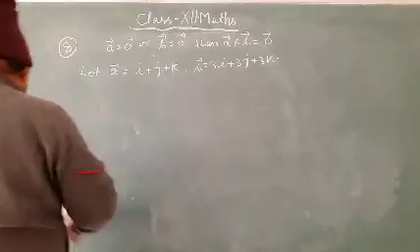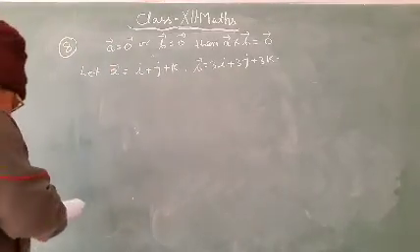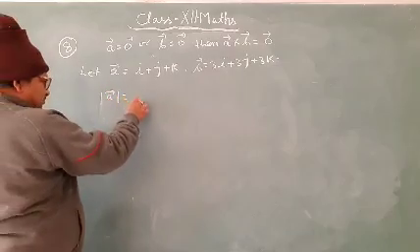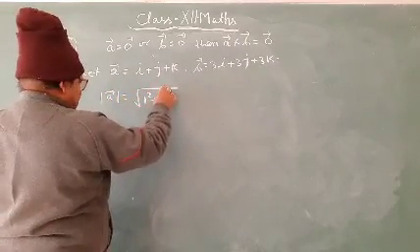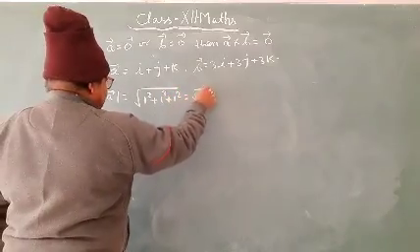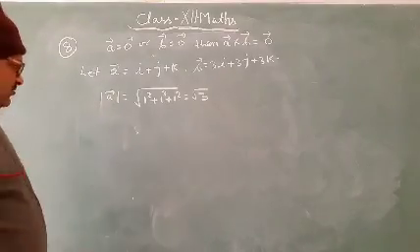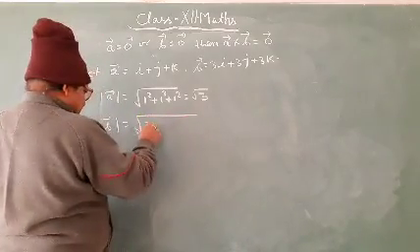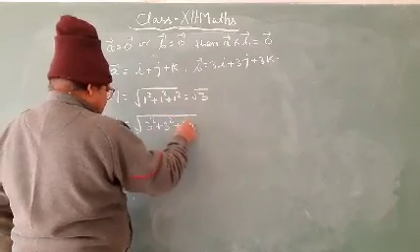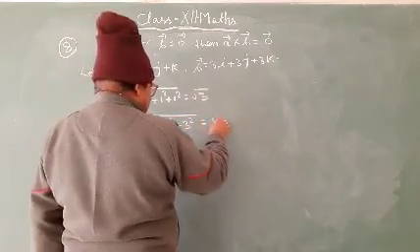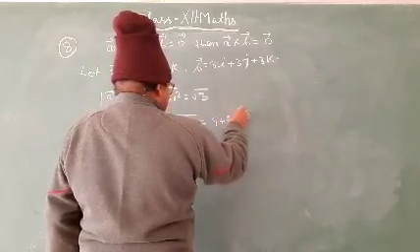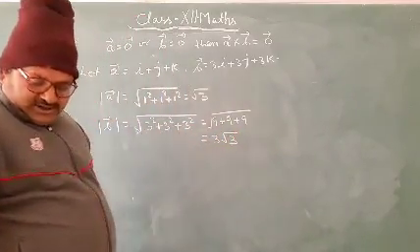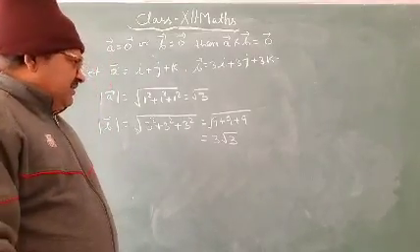Modulus of vector a equals under root 1 square plus 1 square plus 1 square, which is under root 3, and modulus of vector b equals under root 9 plus 9 plus 9, which is 3 under root 3.